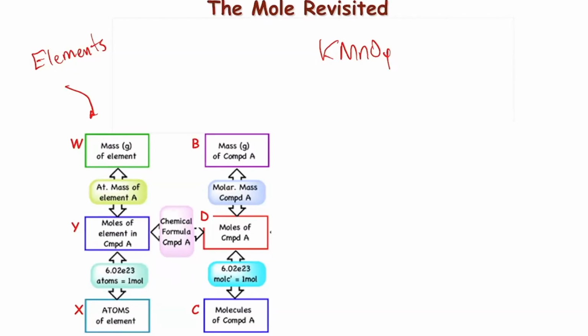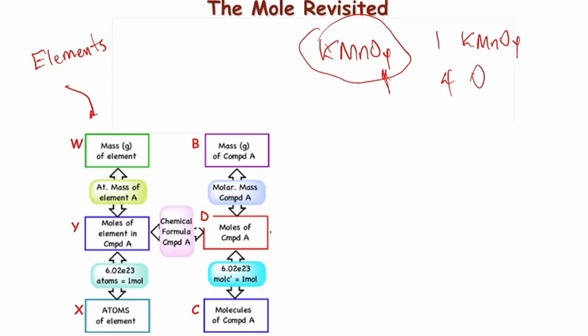It relates KMnO4 to oxygen. What you can say is that for every 1 KMnO4, you have 4 oxygen, because in KMnO4, you have 1 potassium, 1 manganese, and 4 oxygen. So you can use the formula as a conversion factor.